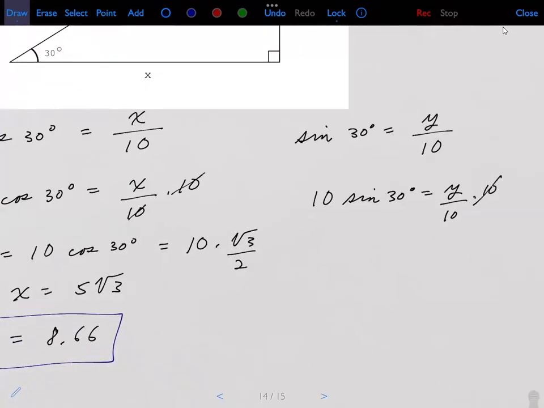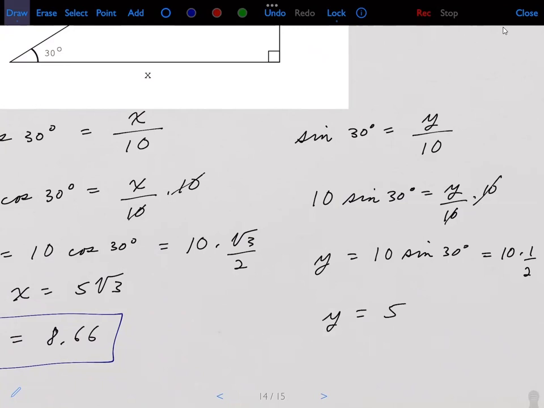So the 10s cancel. I get y is equal to 10 times sine of 30. It turns out sine of 30 is exactly a half. So that's going to give y is equal to 5, right?